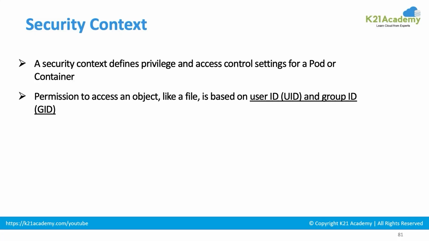So you can grant permissions to access a specific file, a specific object, just based on a user ID or a group ID. I can say that inside the container, my user number would be 100. And whatever access is given to user 100, that access would be available inside the container. So we can change to a specific user or specific group inside the container.